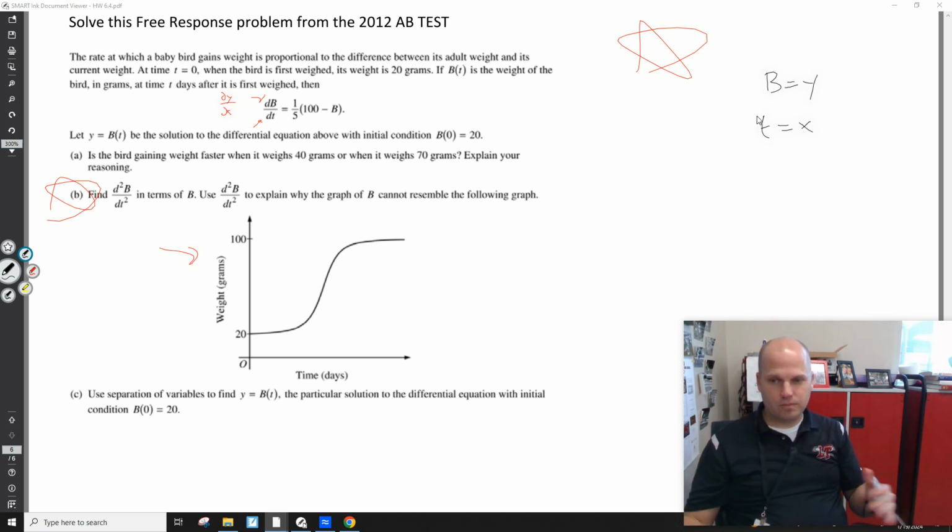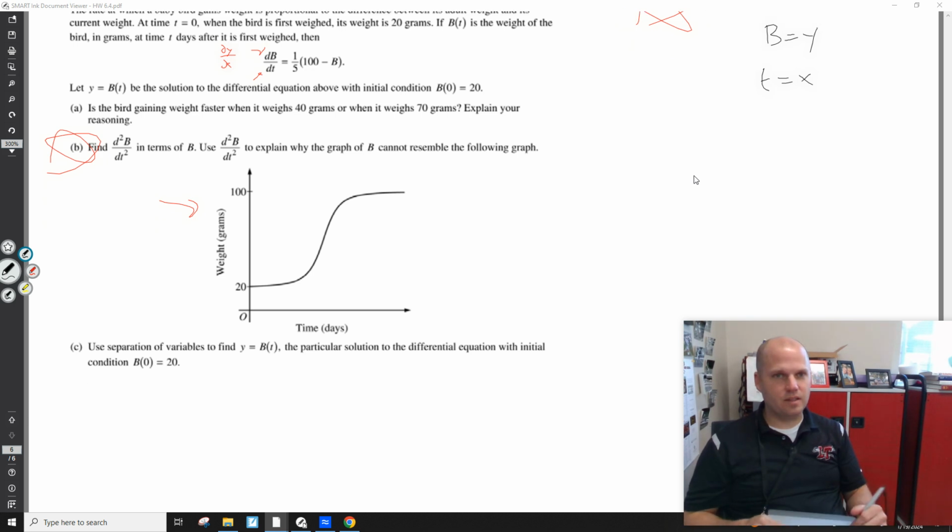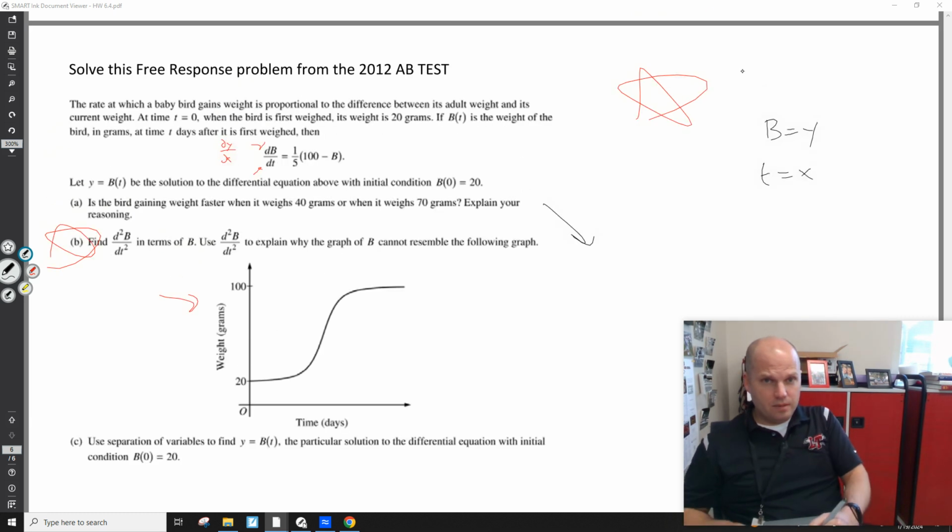That's helpful. I'll show you two different ways, but it is helpful for you guys to use Y's and X's. Okay. Y is the weight. X is time.